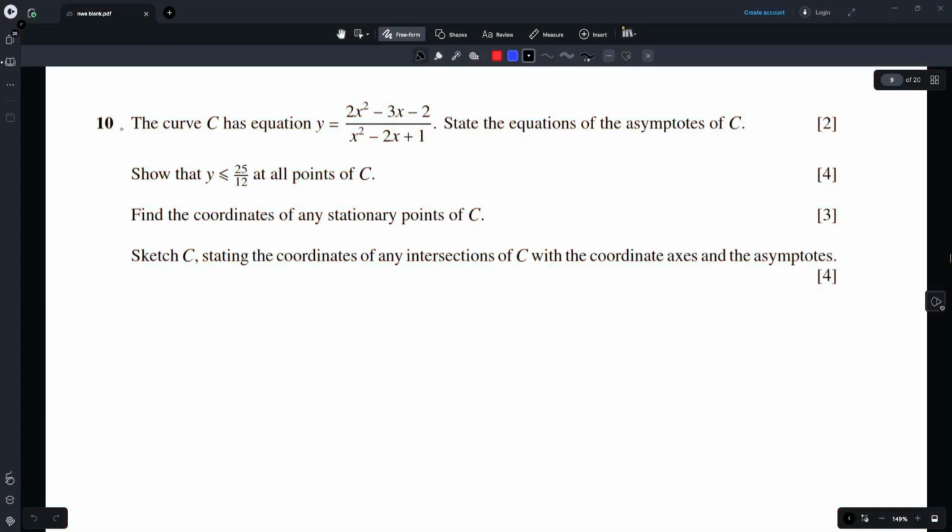First of all, for this part, I have to write down the equation of the asymptotes.